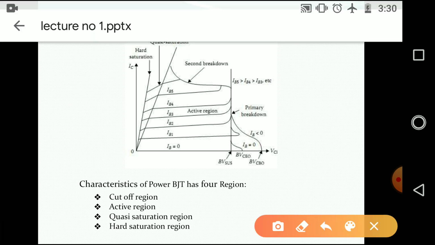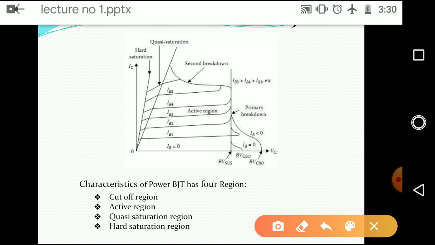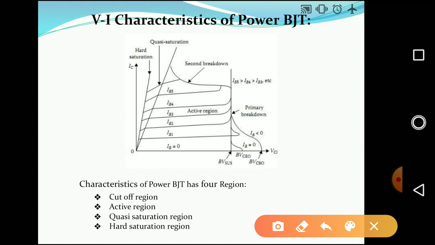Next, here we can observe, for quasi saturation, as the input voltage is increased, the collector current increases gradually. It means the current increases slowly. That condition is called quasi saturation, that is, power will be limited, low power.